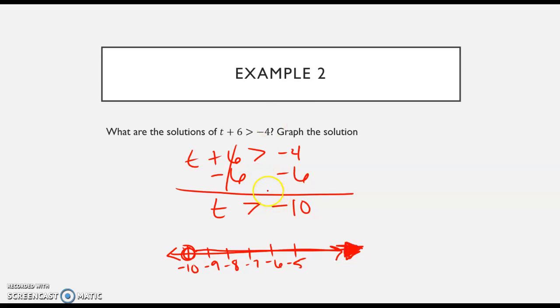So in this case, it's actually greater than negative 10. And so then we keep going that way. And so what that graph means is that t could be negative 9 to positive infinity, and it would be an answer to this equation.